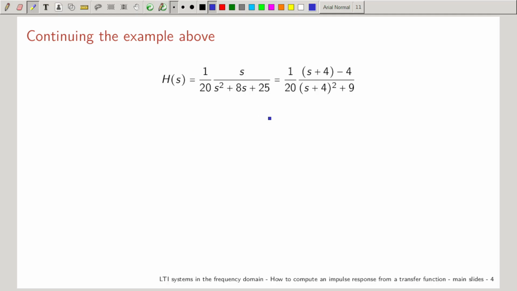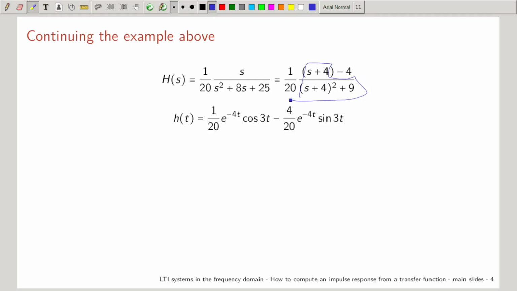Now, I have this. This is the RLC circuit from before, with specific R, specific L, specific C. Then those numbers here, we rewrite them in this way. This one is a 3 squared. What do I get? I get that I can write it as this part minus this part.